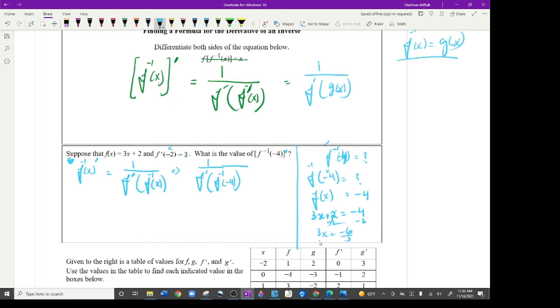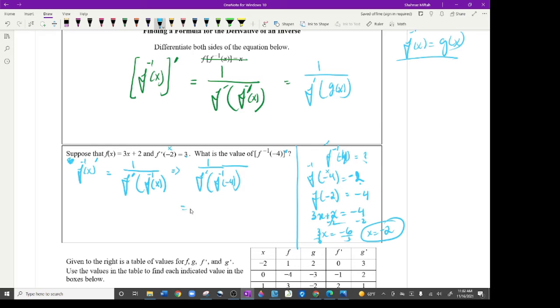Divide by 3 on both sides: x equals negative 2. Got it. So what is my x? Negative 2. I am replacing this question mark and making it negative 2. If the original x is negative 2, then that should be my y for the inverse. Is that making sense? Yes or no?